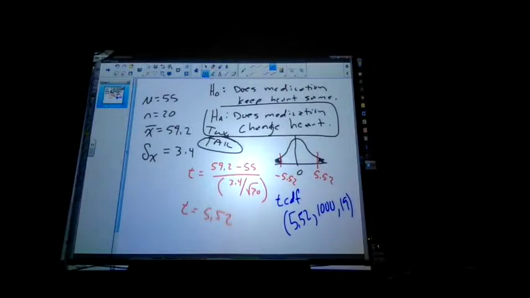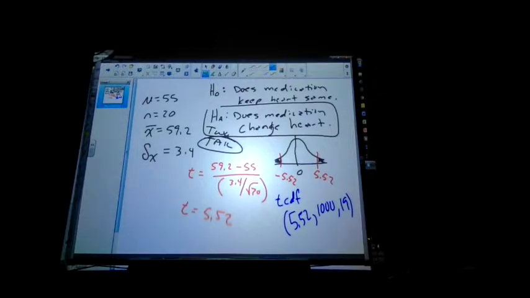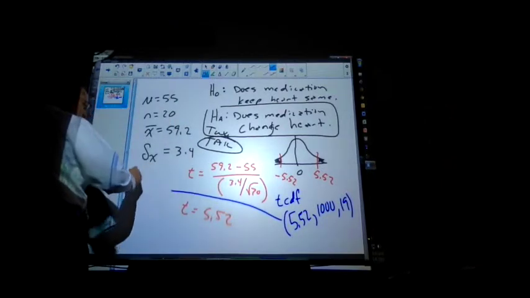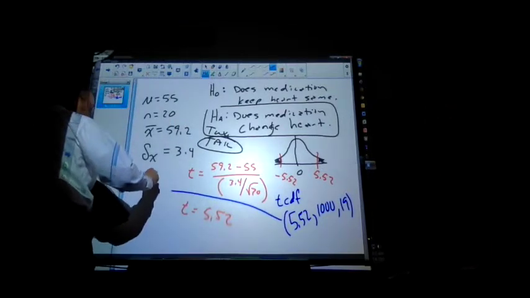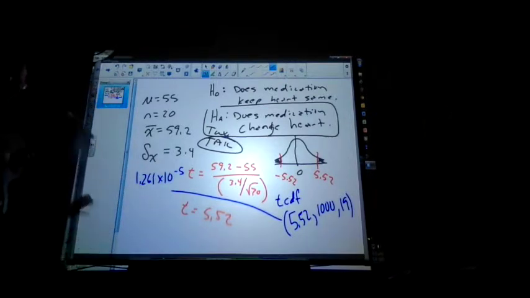And then, where did the 19 come from, though? Subtract 1 from what? N. So that's your degrees of freedom. So if you do this math, it's going to come out to that.